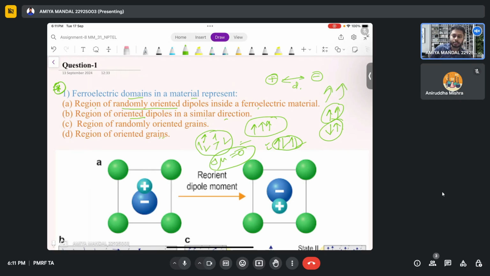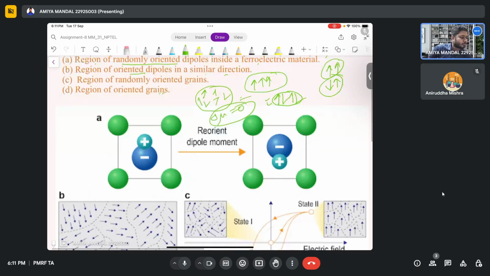First of all, we try to find out what a dipole is and what a dipole moment is. This is a unit cell crystal structure of a material, where the negative charge and the positive charge are situated in this orientation.